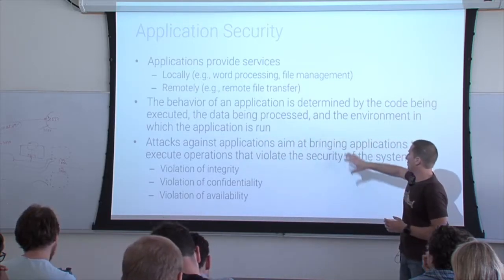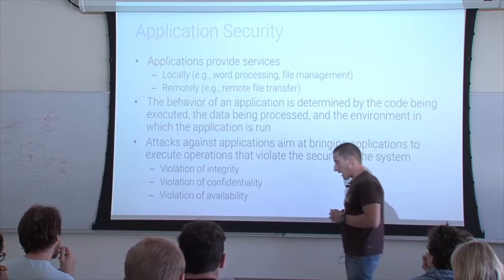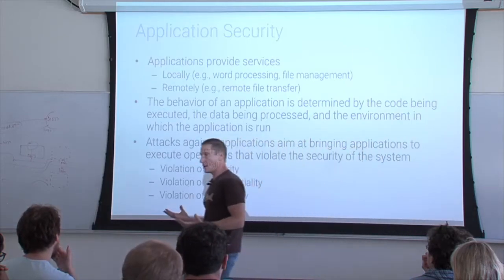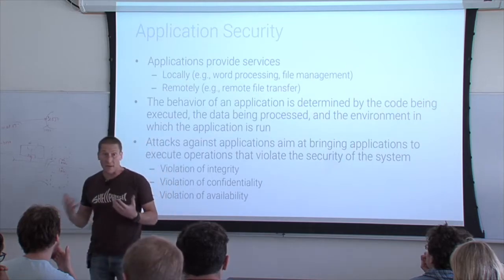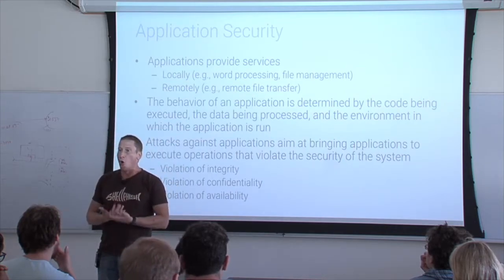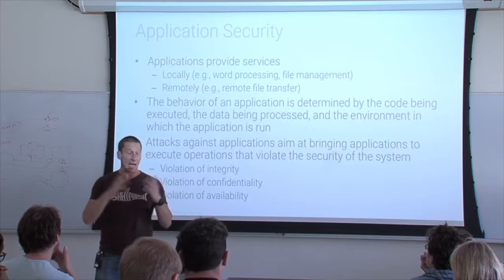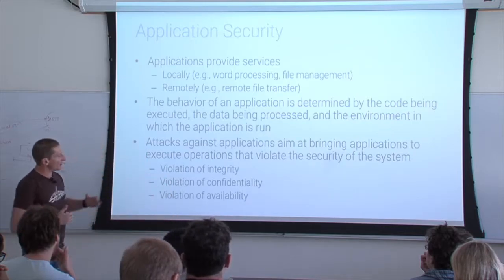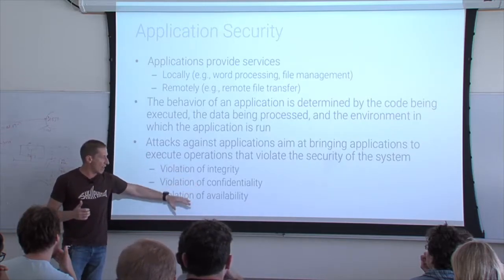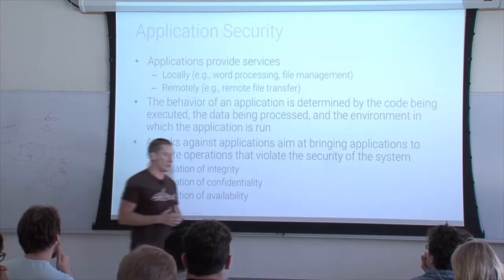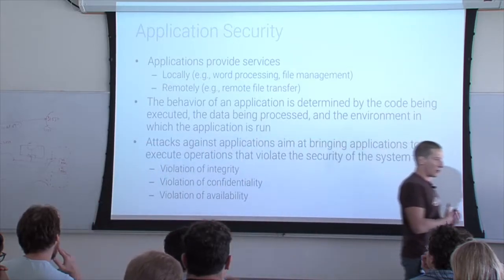And of course, the basic idea is that you attack applications so that you violate their security, the security of the application itself, as we'll see, or the security of the environment as a whole. And of course, we talk about integrity, confidentiality, and availability as our general categories.